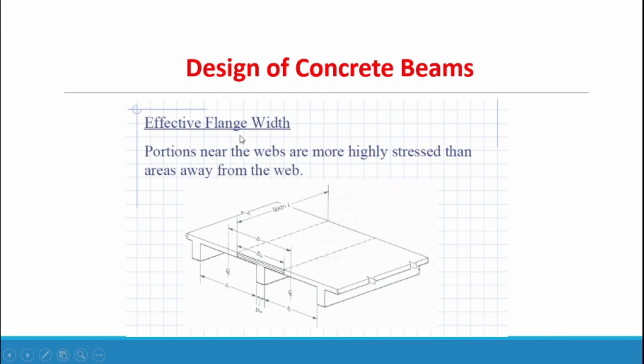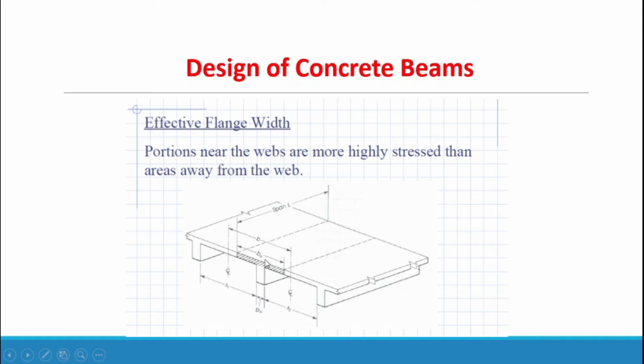And to find the effective flange width, portions near the webs are more highly stressed than areas away from the web. In this case, we have B from the center line of span 1 and the center line of span 2, and the total distance is the B or the flange width.